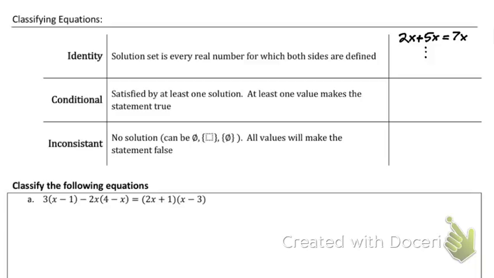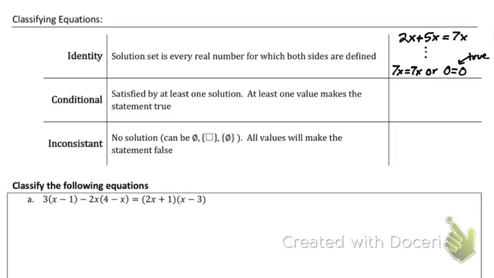When I solve this, you might come up with something like 7x equals 7x, or you might actually come down to 0 equals 0. Both are examples of identity because 0 equals 0 is a true statement. If it's a true statement, it's an identity.